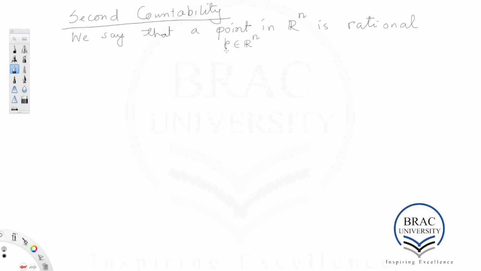It has n coordinates. So P can be written as an n-tuple, P1, P2, all the way up to Pn. And this point is called a rational point if all these coordinates are rational numbers. This is what we mean by a rational point in Rn.